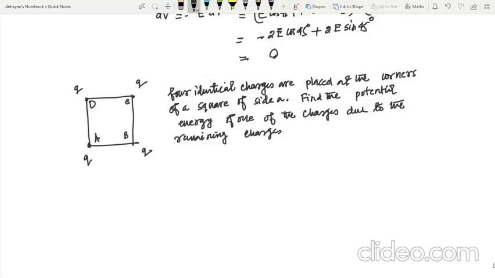That is finding the potential, the electric potential at point A due to the other point charges.